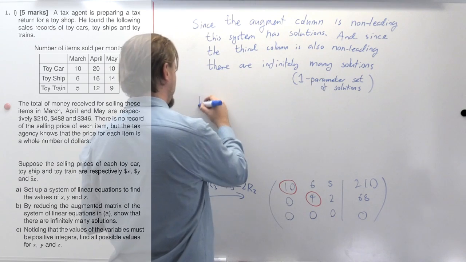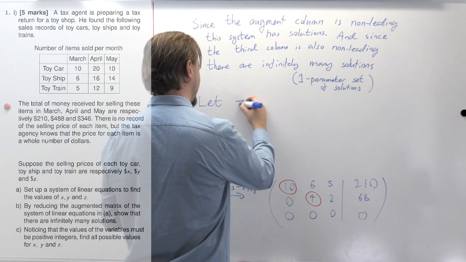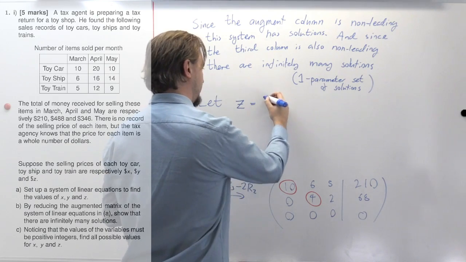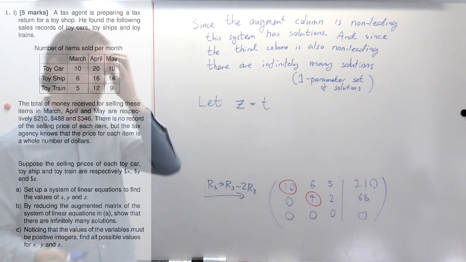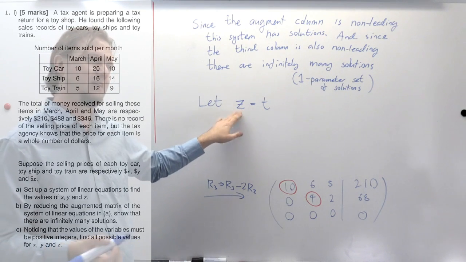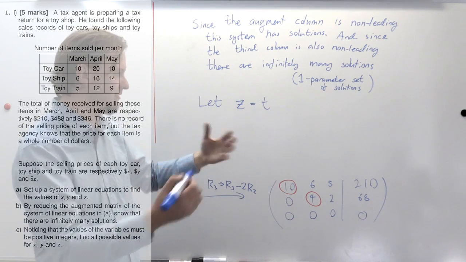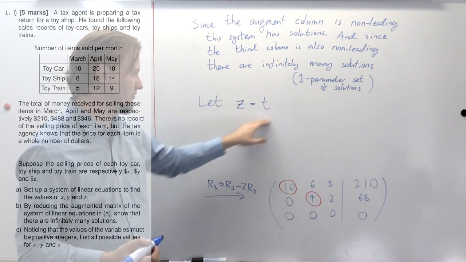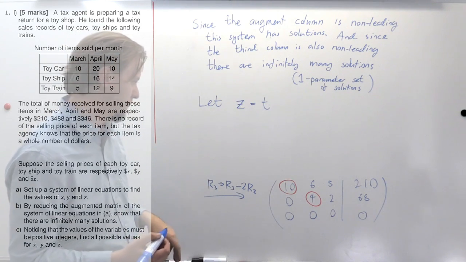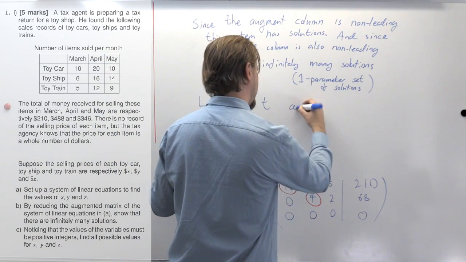So let's actually just introduce that parameter. So this was z. Let's let z equal t. T is a good name for a parameter. You don't have to choose t. You could leave it as z, but I think a parameter-like name is much better. It makes it clear to those reading that you are parameterizing your solution. So let z equal t.